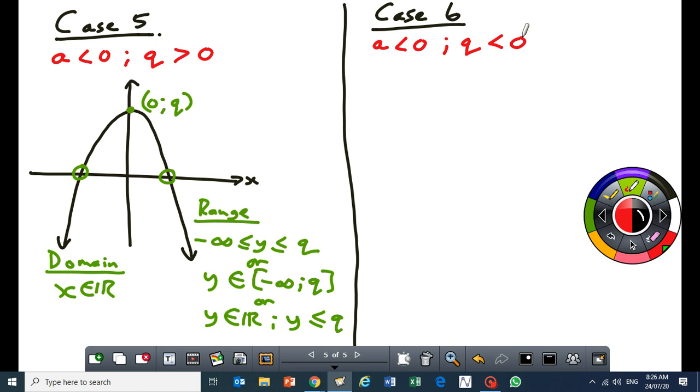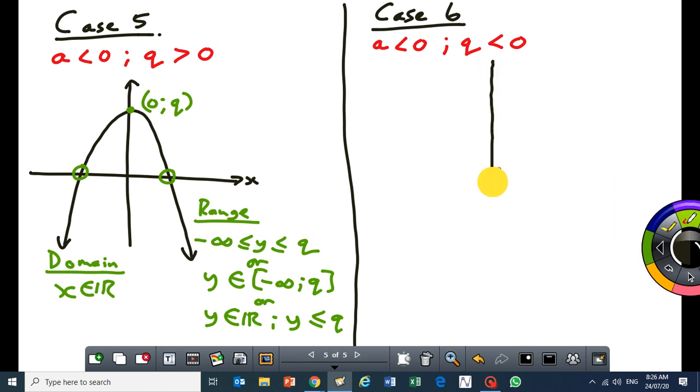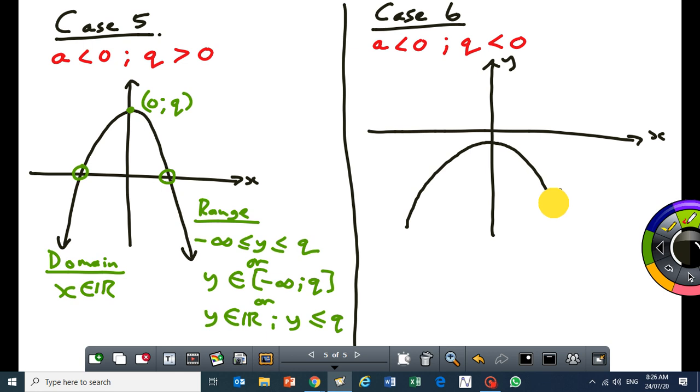So when we sketch it, it will look like this. It will have a maximum turning point, so it will look like that. That's how it will look. Right? And at this point here, x is 0, y is q. As you can see, there is no x-intercept because the graph is below the x-axis.